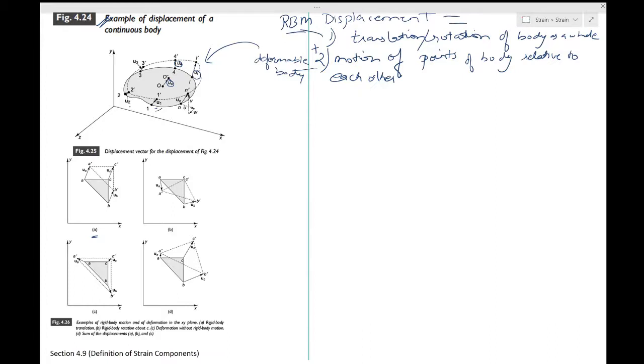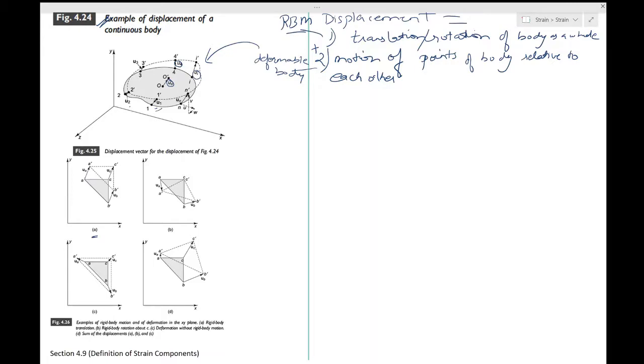So your triangle is ABC, and the rigid body translation of this is such that A goes to A dash, C goes to C dash, B goes to B dash. Okay, so it has only moved up, because it can move only in the xy plane.